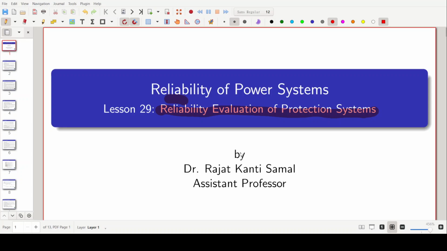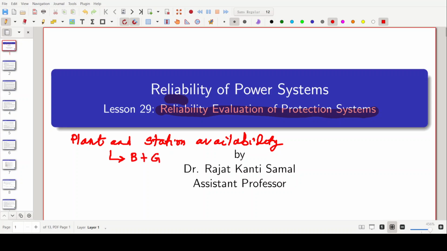Okay. So far what we have discussed: plant and station availability. There we considered boilers plus generating sets.